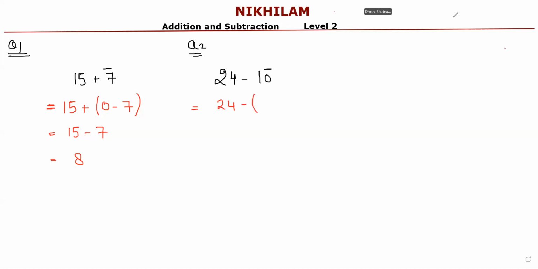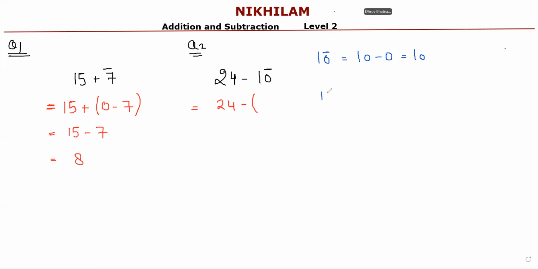The change is something that we have to see in 10 bar. So how can you write this? 1 and the bar is over 0 only. So this 10 bar is 10 minus 0. That is 10 itself. Are you getting this?